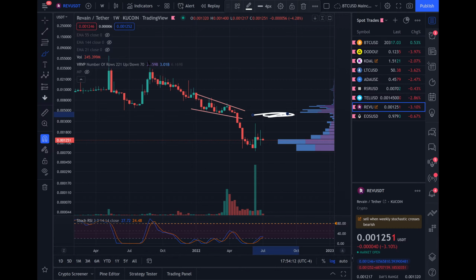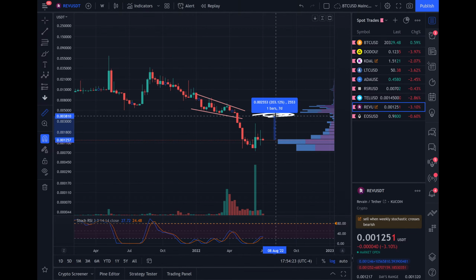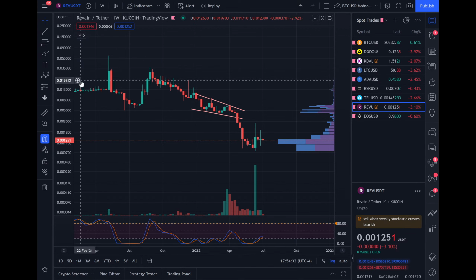There's confluence here. My VPVR is telling me that my next major resistance is at 0.0045. So I'm expecting in Ravencoin something like a 250% move in that same time. Okay, expect these things because this is a bona fide reversal in my estimation.